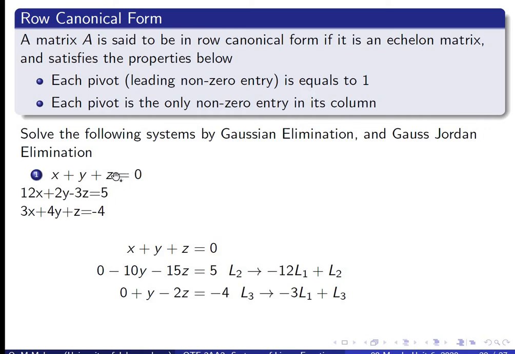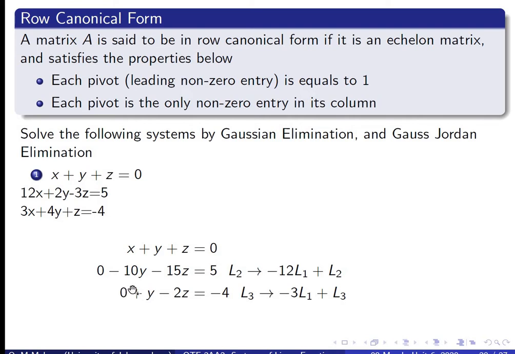we use the first equation because its coefficient is 1, so it will be very easy to eliminate x, right? In order to eliminate x, we just multiply the first equation by -12 and add the second equation.